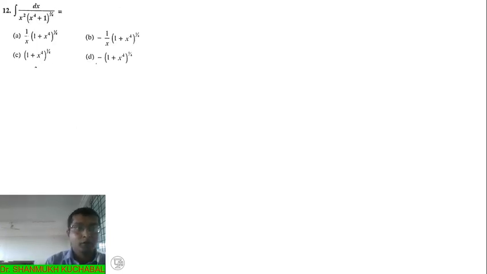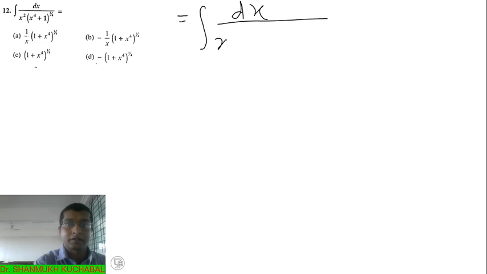Further, example number 12, integration of dx divided by x square, x raised to 4 plus 1, raised to 3 by 4. Right. So here it is integration dx divided by x square. We take x raised to 4 as common.